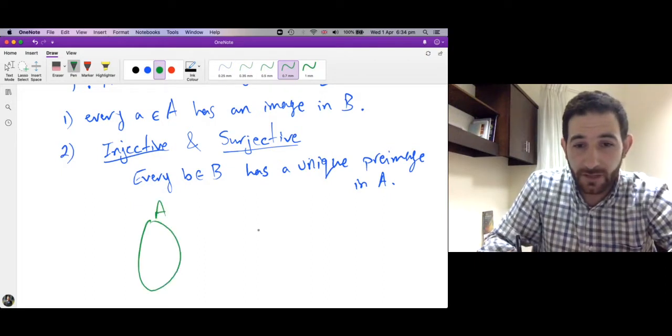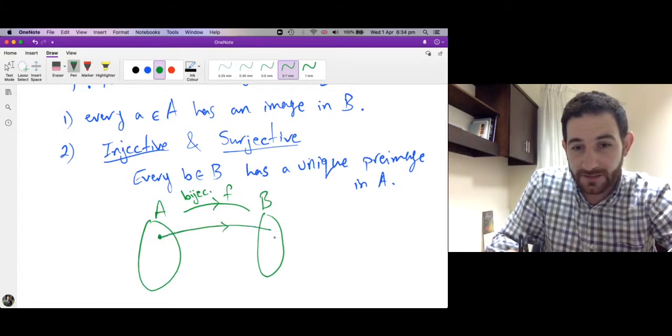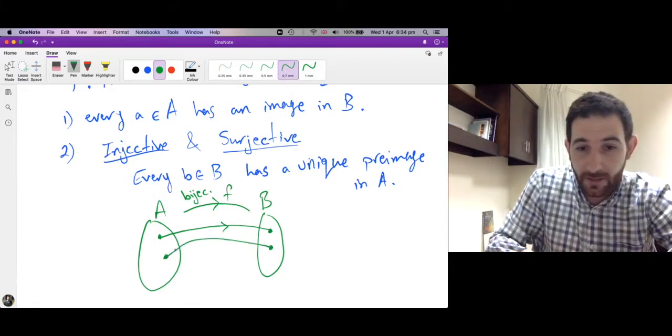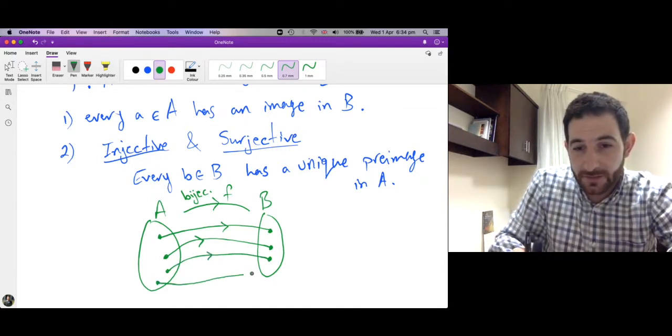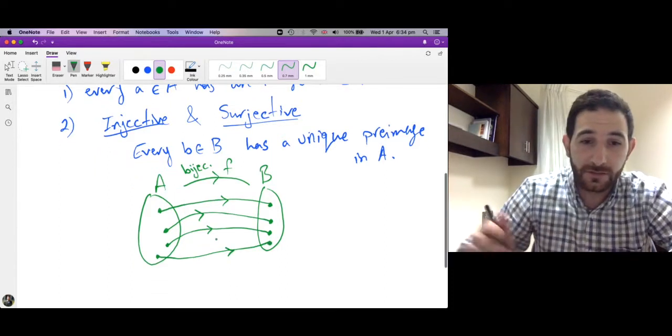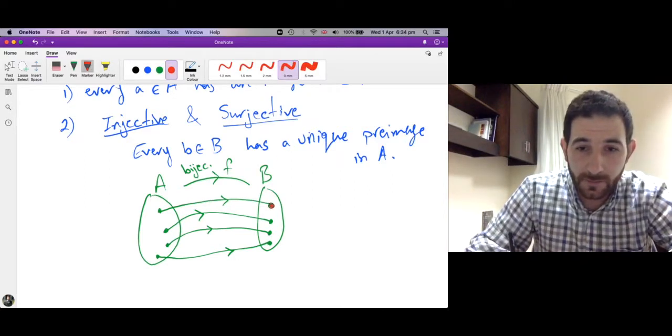This is the domain, this is the codomain, and we have the function, and the function is bijective, means that every element has one image, and every element here has exactly one pre-image, and every element here has exactly one pre-image, and so on. You see? So this is the picture of a bijection. Okay, so let me color these with red.